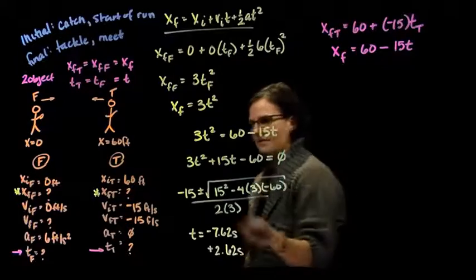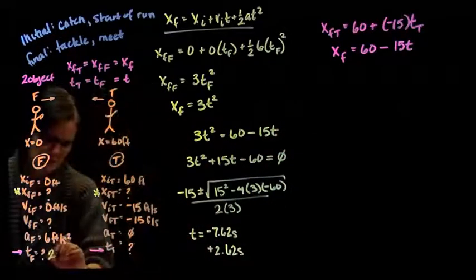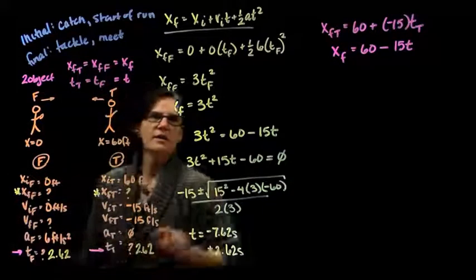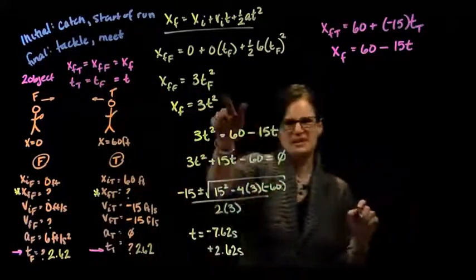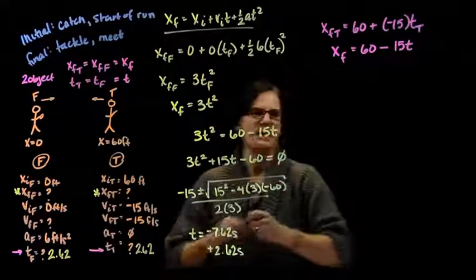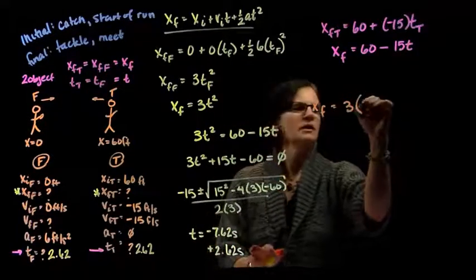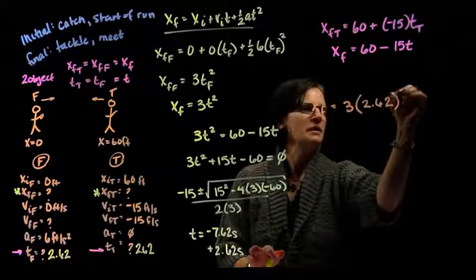So now that I have the time, I can use either one in my relationship. And I just think this one's a little easier. So we will start with x final equals 3 times 2.62 squared.